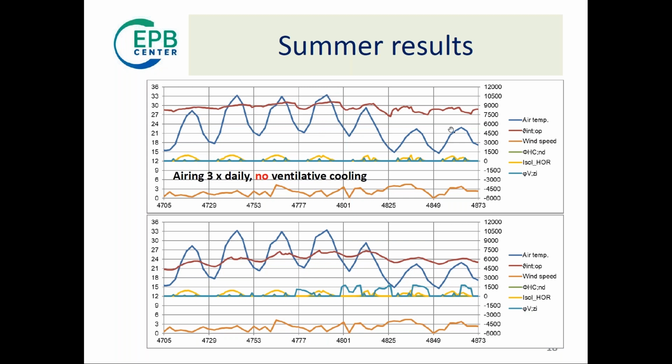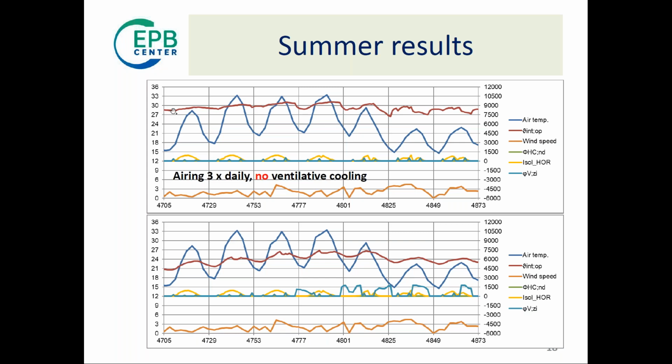But it's getting cooler later on, as you can see. And it was cooler before, not shown here. But there were also hot days already before, because otherwise the indoor temperature would not be as high as you can see here.